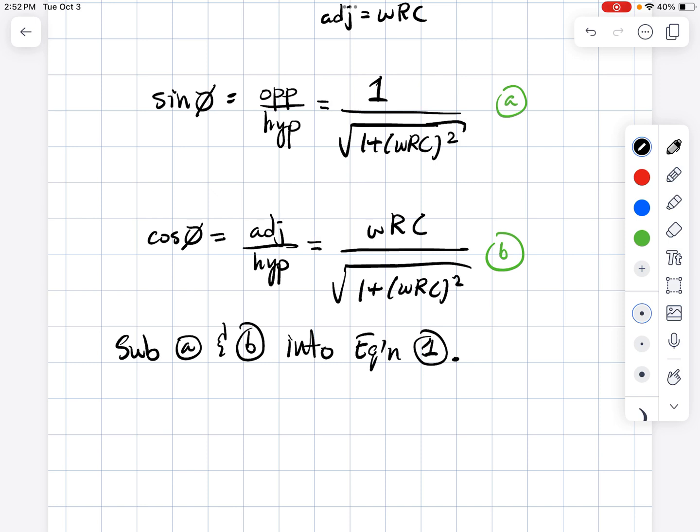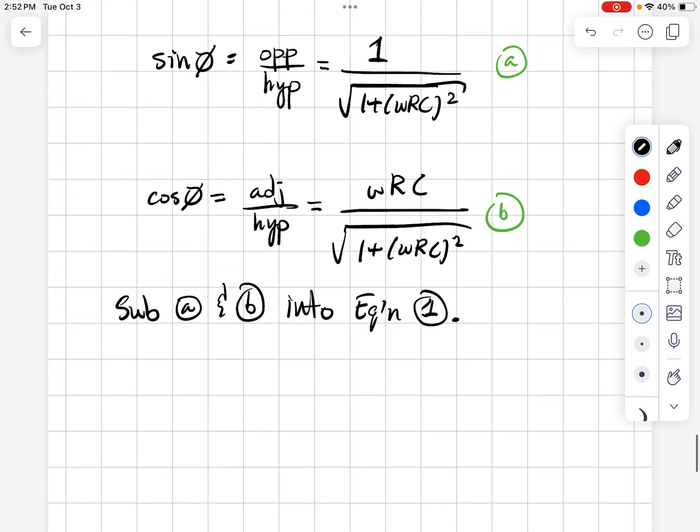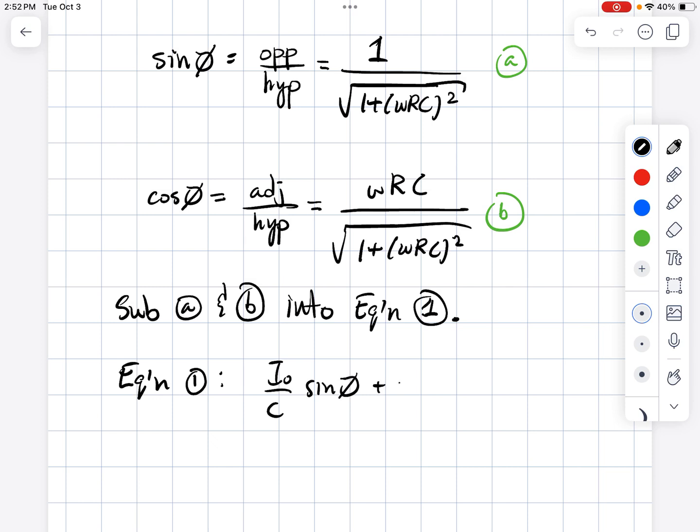Equation 1, let me just rewrite equation 1 so I don't have to scroll up and down all the time. Equation 1 rewritten was I naught over C sine phi plus omega I naught R cos phi minus omega V naught is equal to 0. Okay, and so let's just make those substitutions.